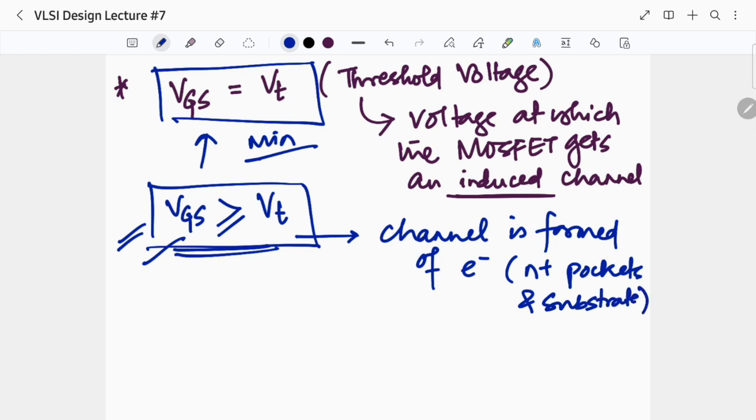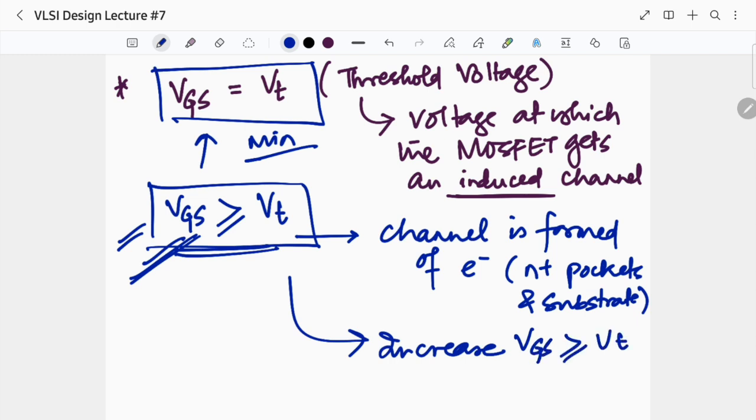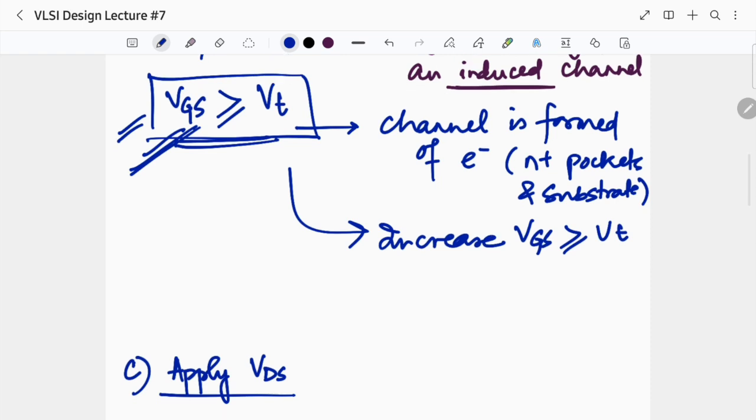So if I keep on increasing the positive voltage at the gate, more electrons will be attracted towards the surface. So what will happen if we keep on doing it?